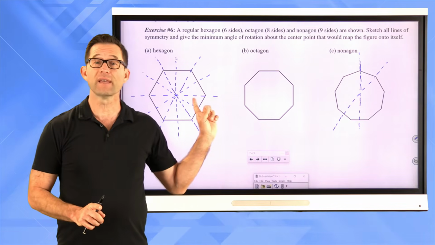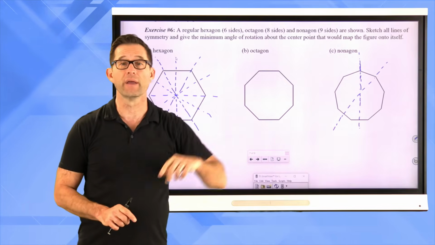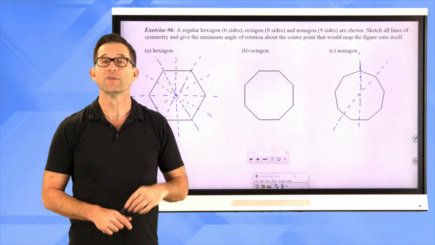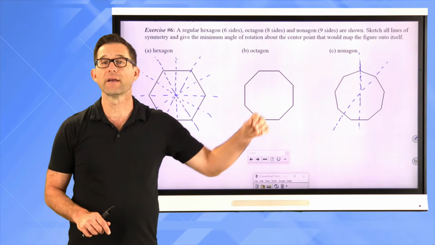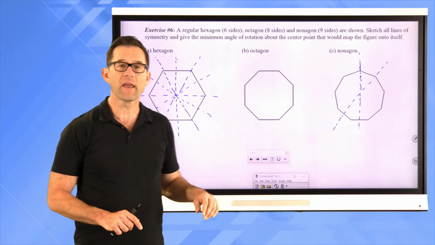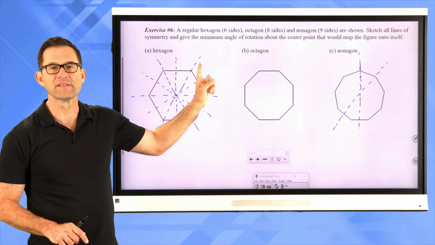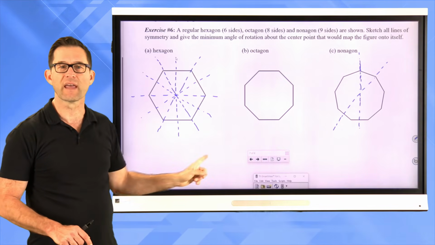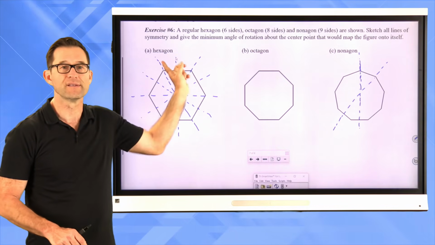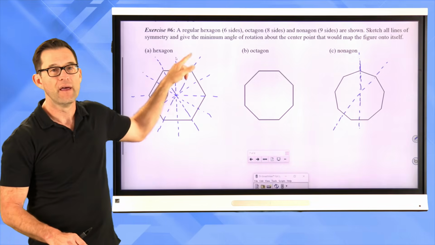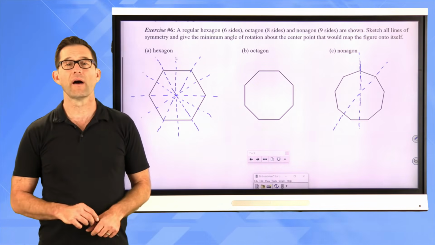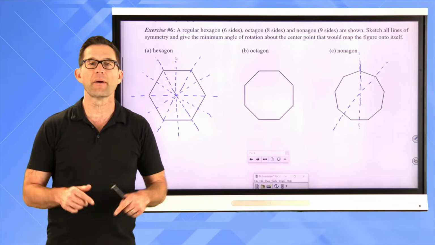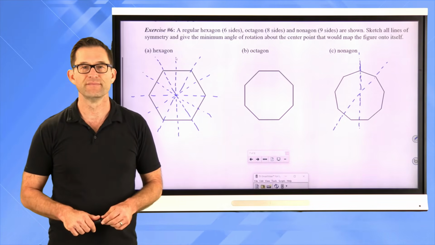It will have the same number of lines of symmetry as it does sides. So the hexagon should have 6 lines of symmetry, the octagon 8 lines, the nonagon 9 lines, and be careful. Don't count the ends of the lines, because if you do, you'll think this thing has 12 lines of symmetry, and it doesn't, right? That's an entire line, that's an entire line, etc. So see if you can draw in those lines of symmetry, and then let's talk about the minimum angles of rotation.